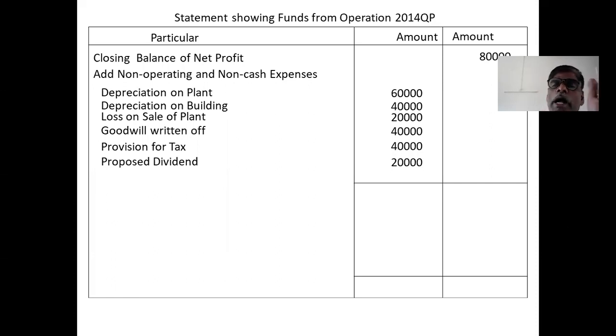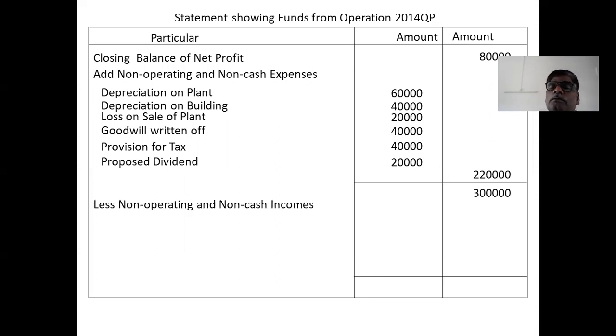So you add these 6 items, and the total is 2,20,000. 2,20,000 is the non-operating and non-cash expenses. Now the total is 3 lakh. From this 3 lakh, you deduct non-operating and non-cash incomes.